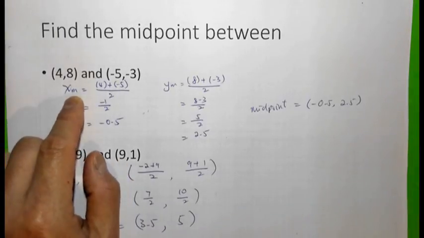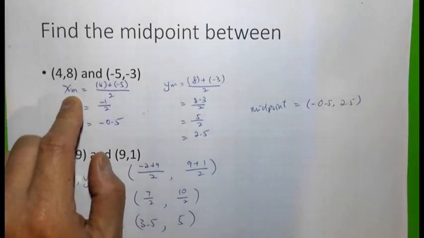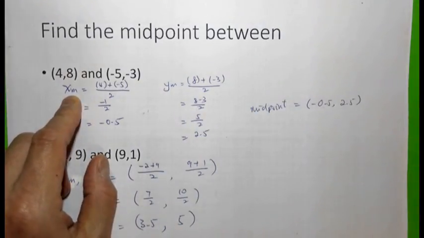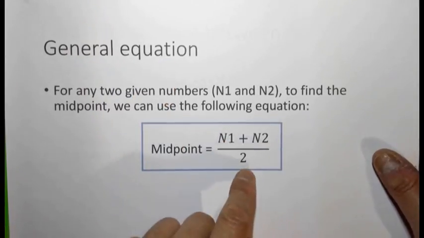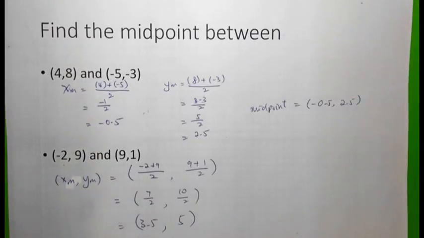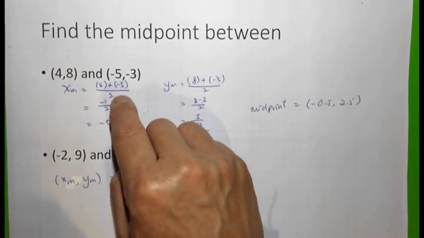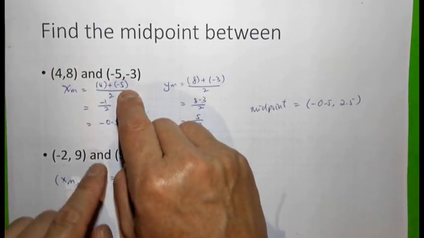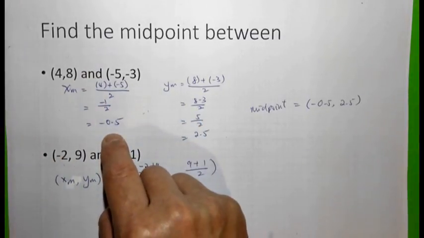Let xm be the x coordinate of the midpoint. Using the general equation, n1 plus n2 divided by 2, we've got 4 plus minus 5 divided by 2. So 4 plus minus 5 is minus 1, divided by 2 gives us minus 0.5.